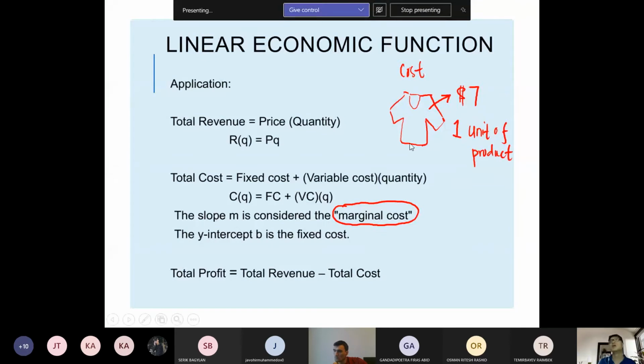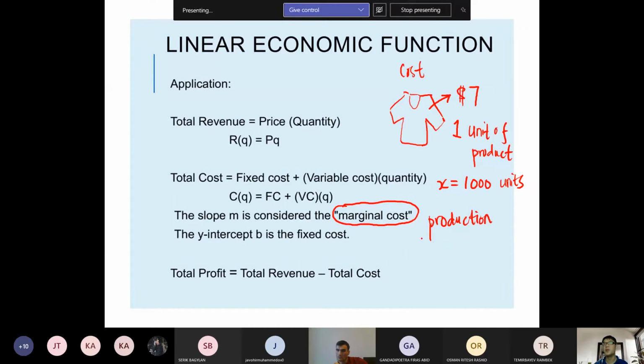Now, let's say you receive an order. The quantity is 1,000 units of t-shirts. So what is the production cost?